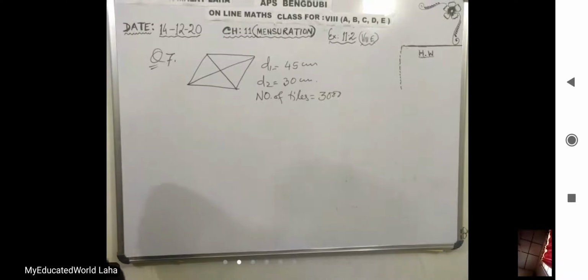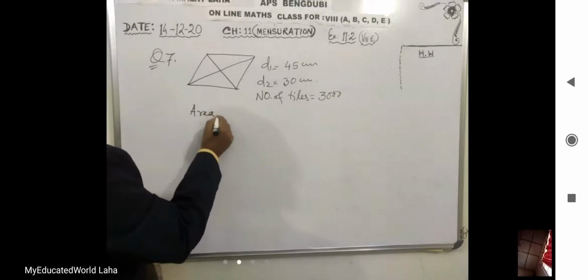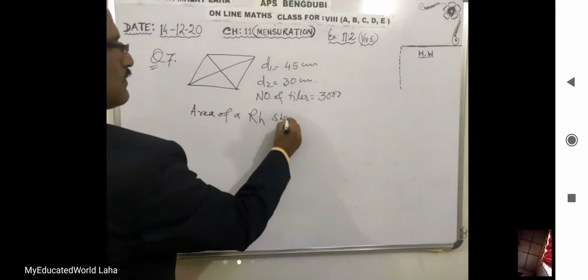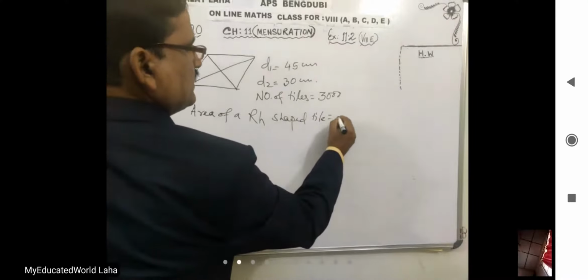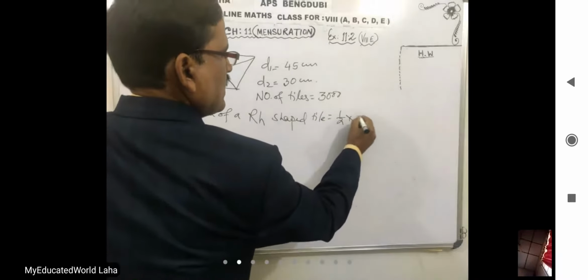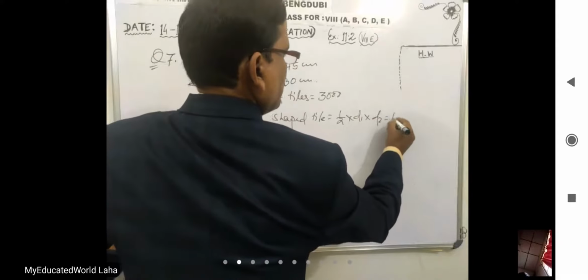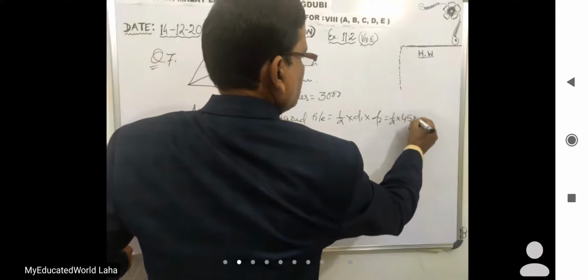Okay. What is the area of a tile? Area of a rhombus shaped tile is half D1 D2. That will be half into 45 into 30.